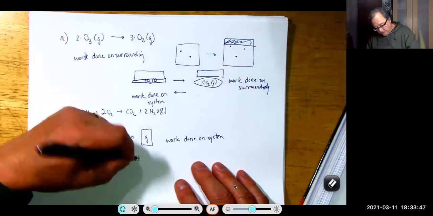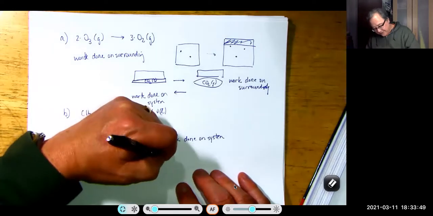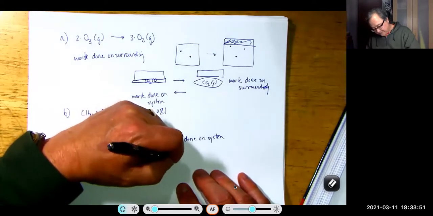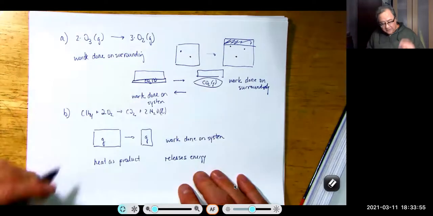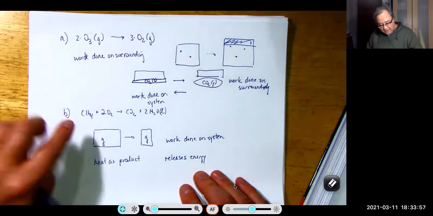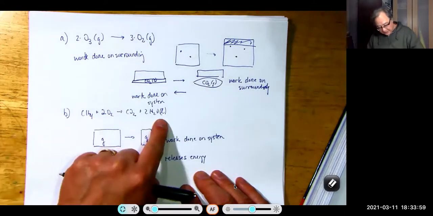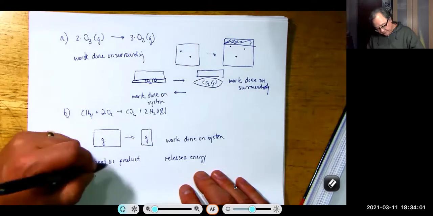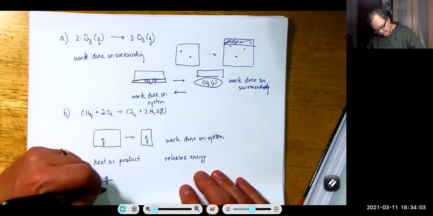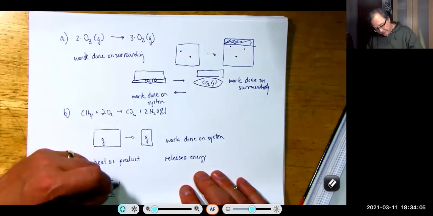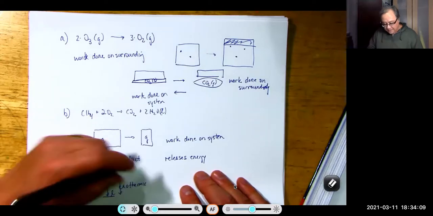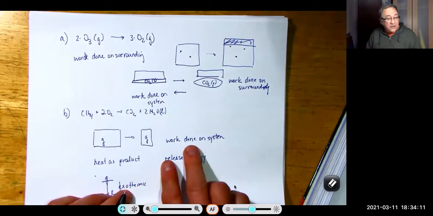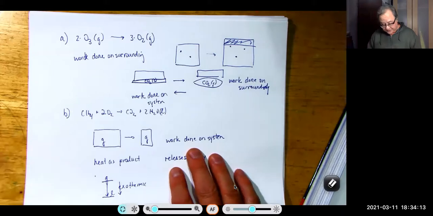So heat as a product means that this releases energy. And then furthermore, we have gases that are condensing into liquids. And that's also exothermic. So it looks like we have a couple of exothermic things and one endothermic thing because work is done on the system.